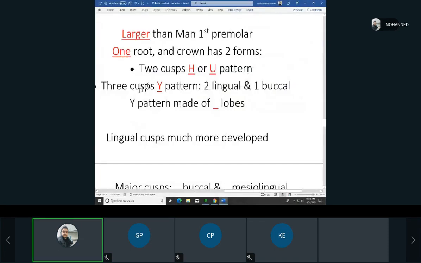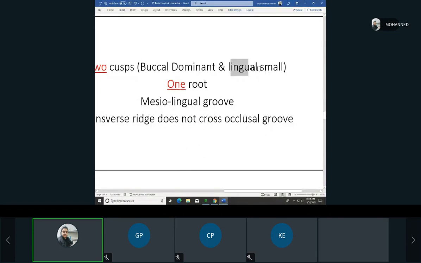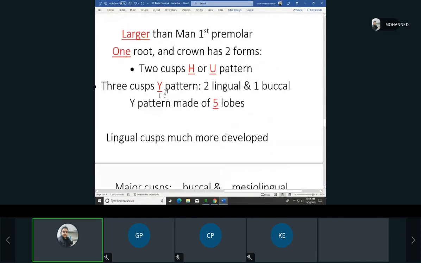If it has 3 cusps or Y pattern, we will have it from 5 lobes, right. And the lingual cusps are more developed again compared to the mandibular first premolar. Because on the mandibular first premolar, the lingual was much smaller, while here it's technically almost the same length.